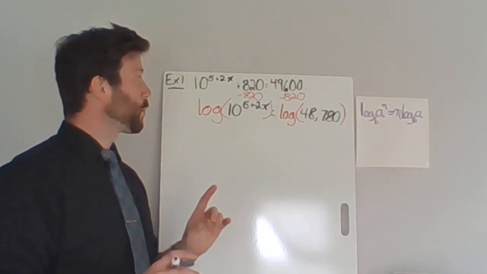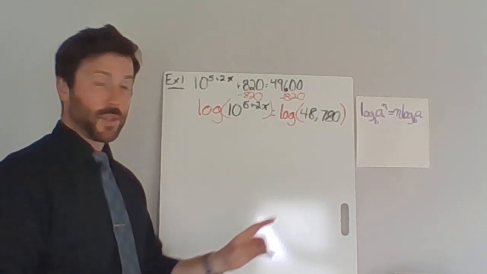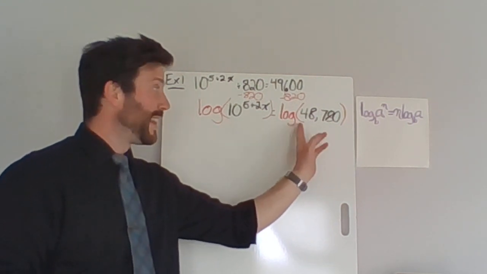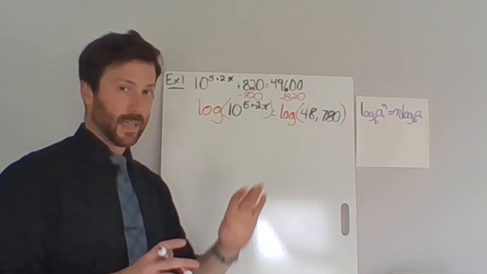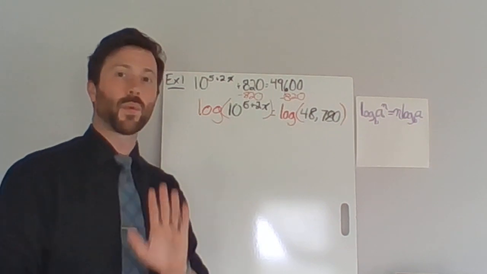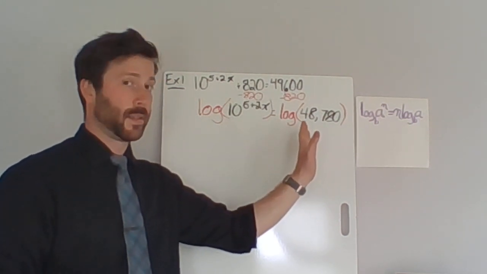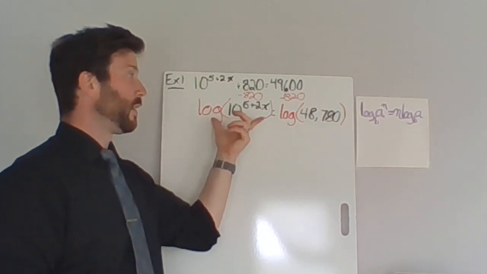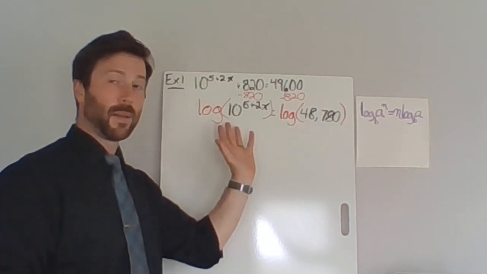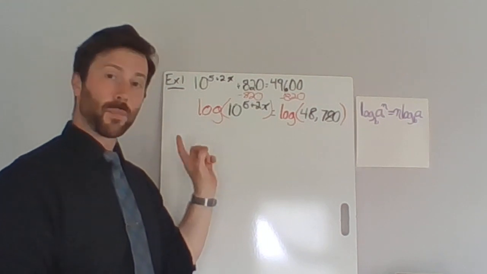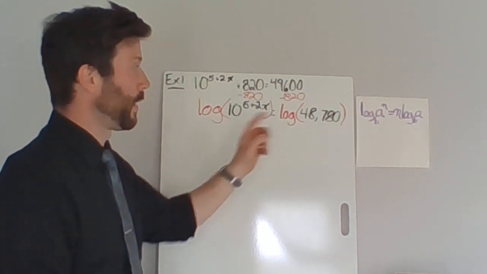So now, here's where it gets kind of cool. First off, just like we talked about last week, this is a number. It's a decimal, a pretty messy decimal, so we're not going to mess around with it just yet, but we're going to treat it like a number because it is. Now, over here, this expression looks pretty messy, and it is. But there's a pretty cool property of logarithms.